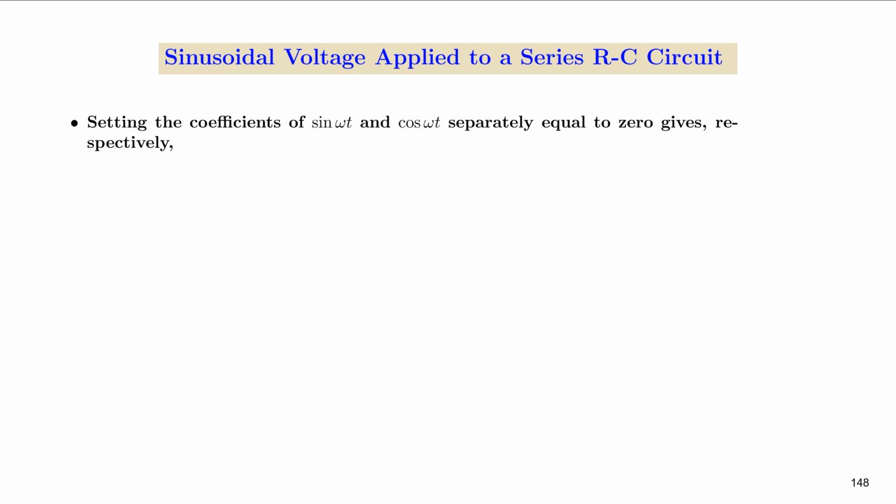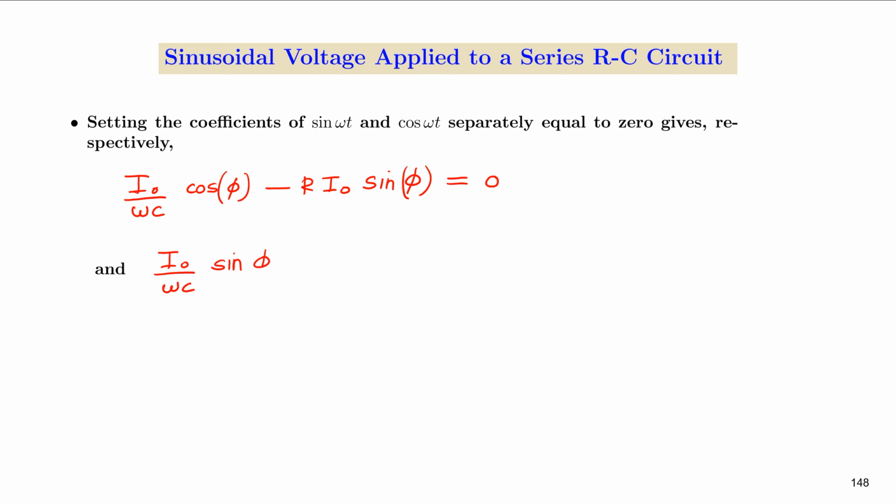That will give us I0 over omega C cos phi minus R I0 sin phi equal to 0, and the second equation is I0 over omega C sin phi plus R I0 cos phi equal to E0.